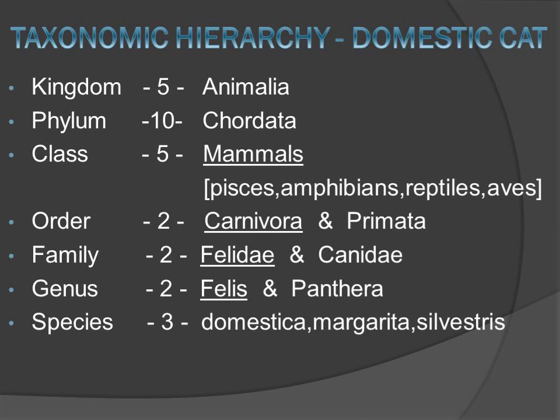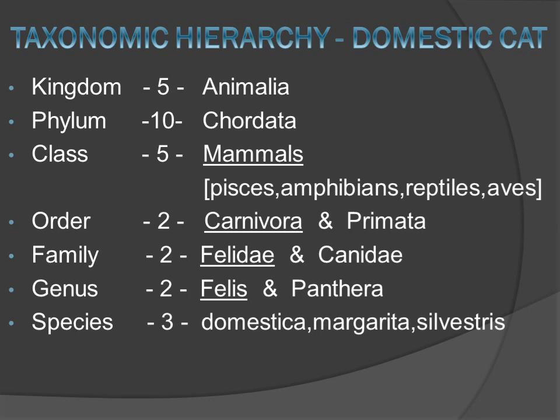So this Carnivora consists of again 2 families. That is Felidae and Canidae. Among this, cat is coming under the family Felidae and dog comes under the family Canidae. Not only cat, we can say cat, tiger, lion, everything comes under the family Felidae.